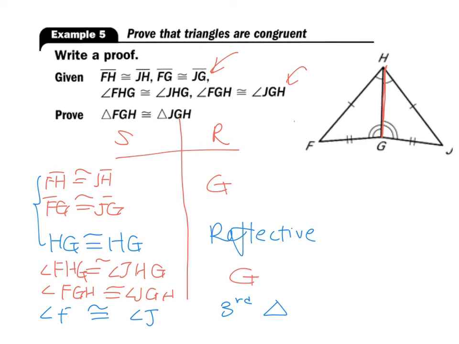If you have 180 degrees for the three angles inside, and you know two of them are congruent, the third pair obviously has to have the same angle measure. So we just proved that three angles are also congruent to their corresponding angles. And therefore we can draw the conclusion that triangle FGH is congruent to triangle JGH. Okay?